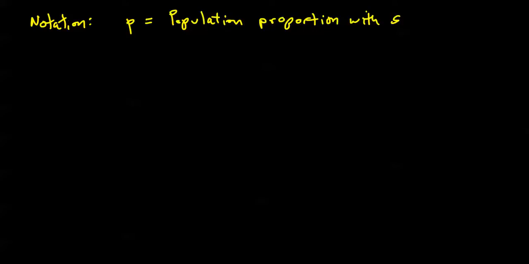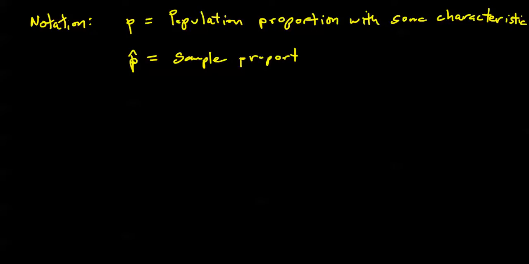Put down with some characteristic that we want to study, be it left-handedness or any other characteristic. Little p hat, lowercase p with a little caret on top of it, I call that p hat, will be designated as our sample proportion with the same characteristic of interest.